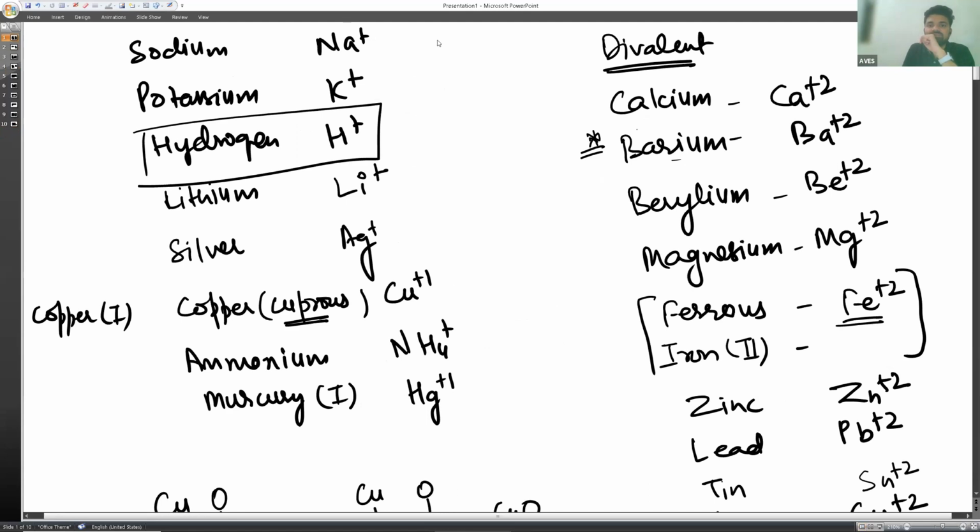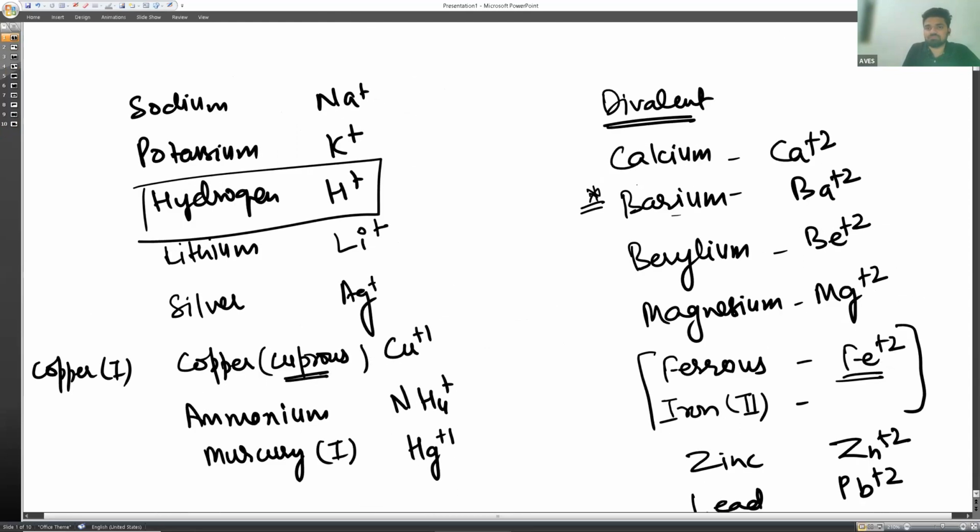Sodium has valency +1. This is a valency chart, you have to note it down. Potassium K has valency +1. Hydrogen has valency 1 positive. Lithium has valency 1 positive. Silver has valency 1 positive. Copper, they all have one valency. Copper has two types of valency.